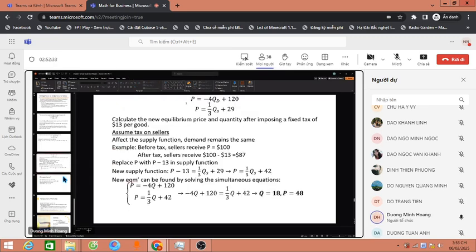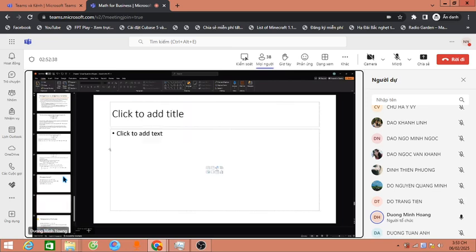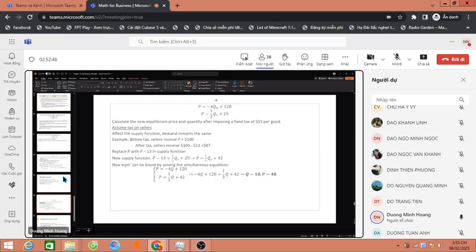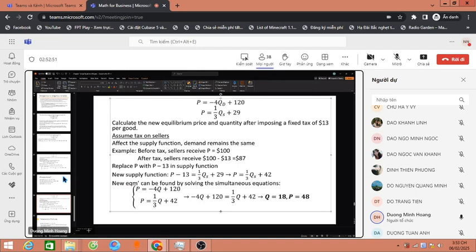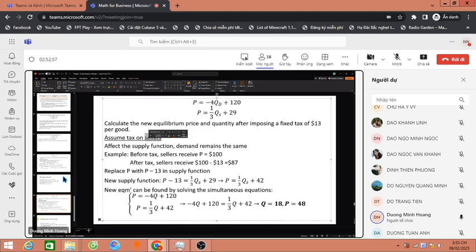Now, I have already demonstrated how you solve the problem if you assume the tax is placed on sellers. Now, what happens if you assume tax is placed on buyers? How do we solve the problem? So if tax is placed on buyers, that will affect buyers' behavior.